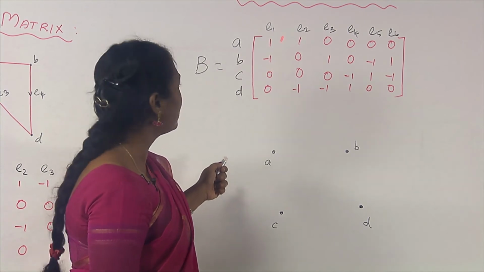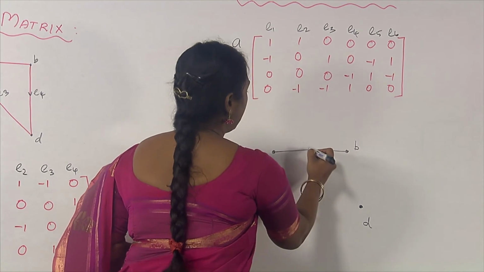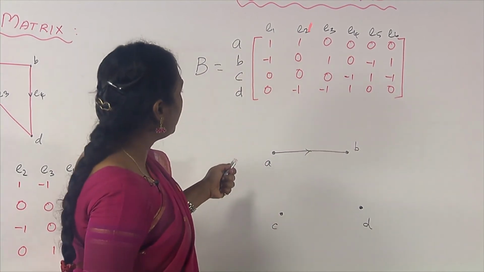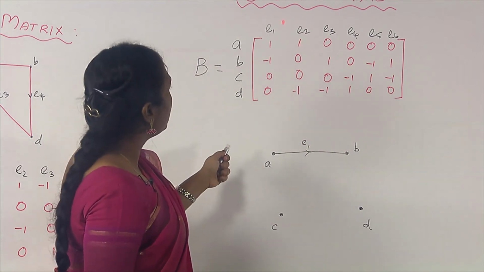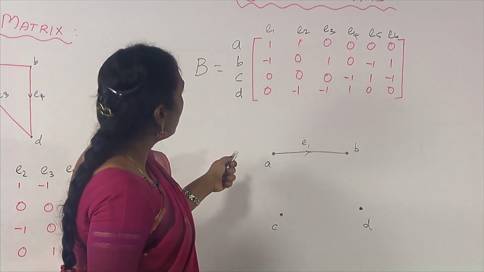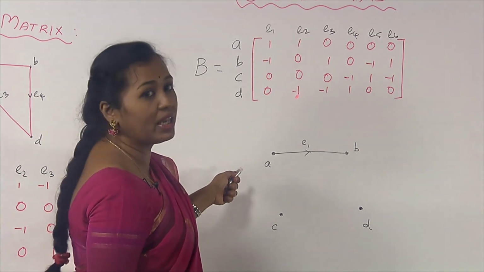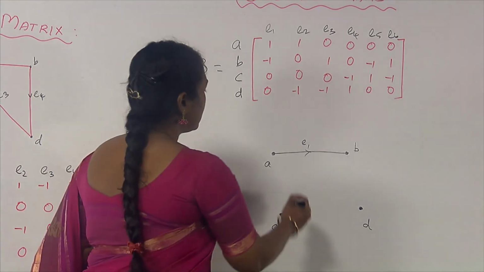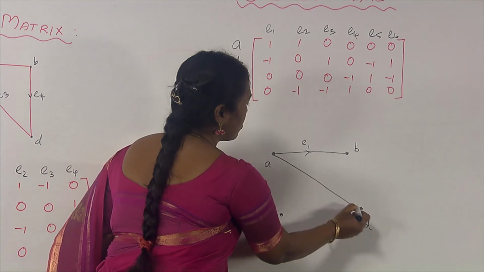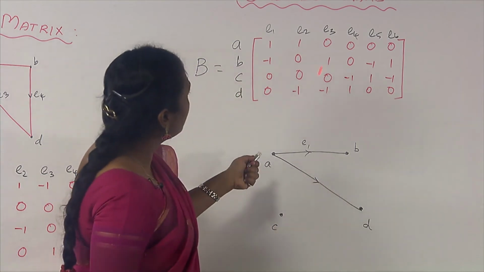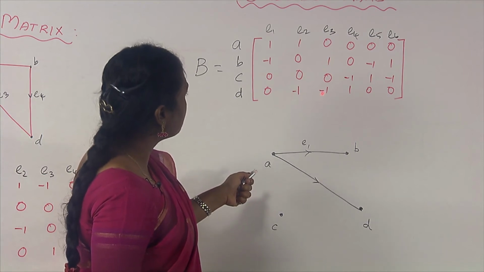So, that is the connection that we make here. Therefore, it is going outside of A and into B. Then edge E2, and this is E1 by the way. E2 also here it is going outside of A, and correspondingly D is having -1, which means it is coming inside D. Therefore, this is the edge E2, A and D. Then the third one E3, here it is going from B, then here it is -1.